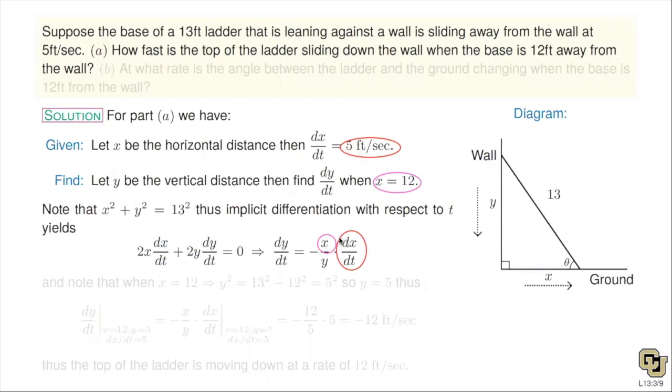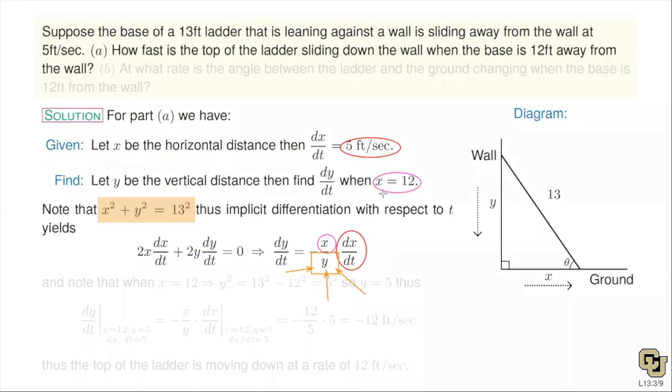What I don't have is y. This we're not given. But it's okay, we can use the Pythagorean theorem, x squared plus y squared equals 13 squared, to find y, because here we know x is 12.